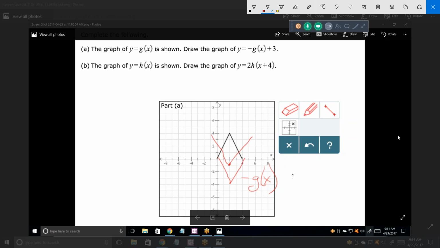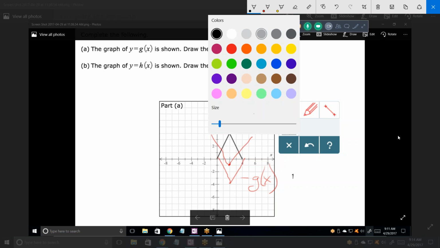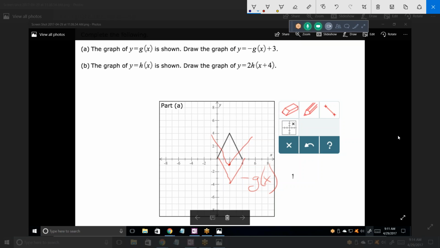Now, notice what would have happened had we done this in the wrong order. If we would have moved it up 3 first, we'd have been to there, the black line. I didn't draw it right, though. I took it up to 8. I meant to take it to 7.